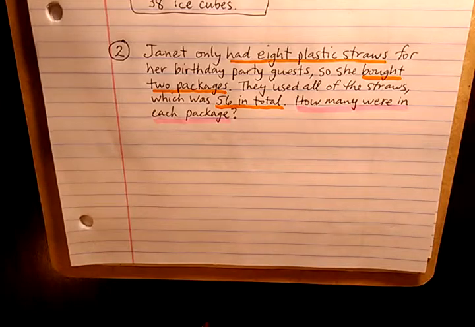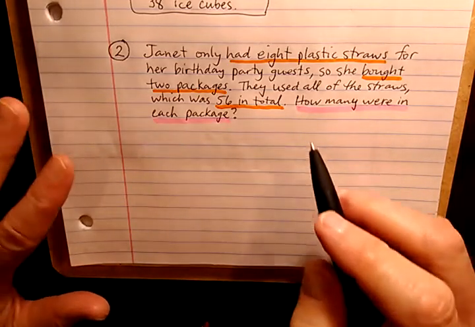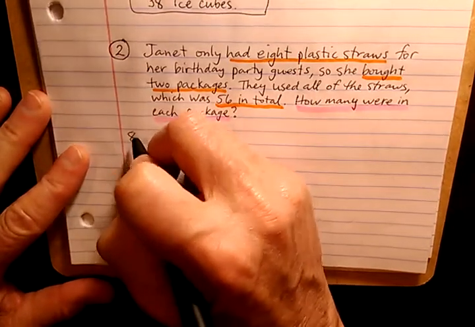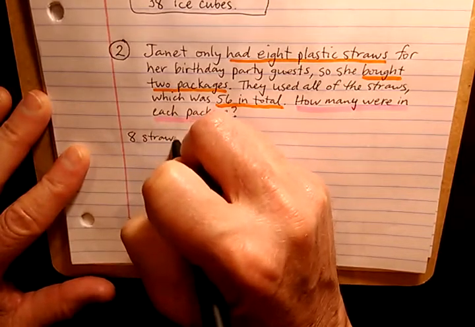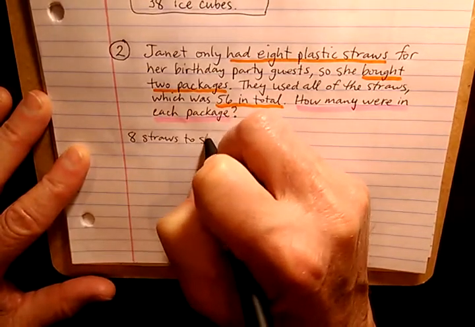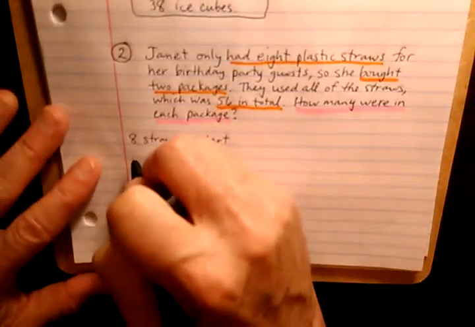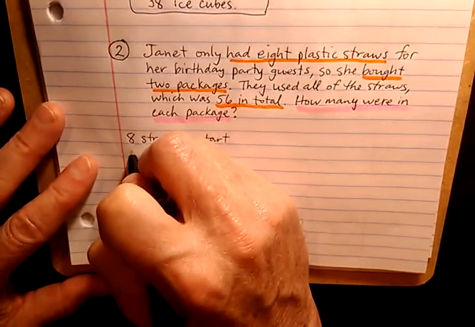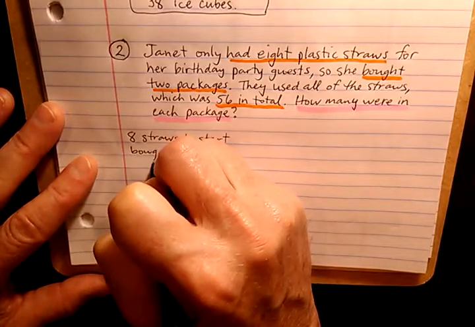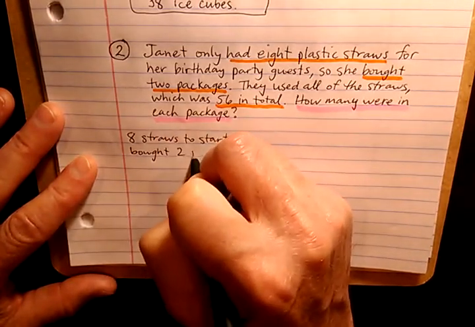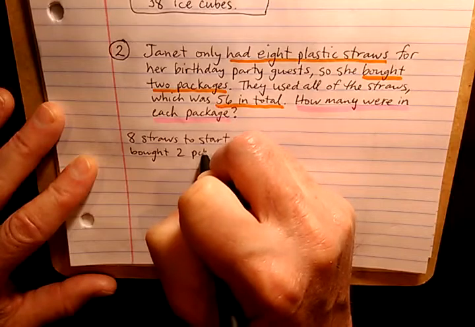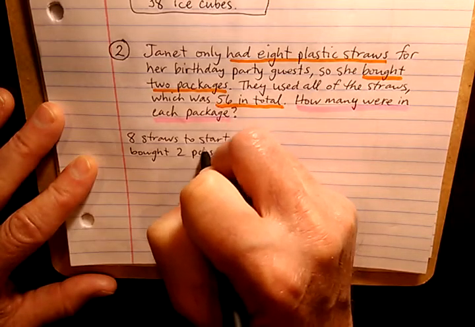Alright, so let's write down the things that are really important for us to consider. 8 straws to start. That's what she knew she had at the beginning. She bought 2 packs, we'll call it.